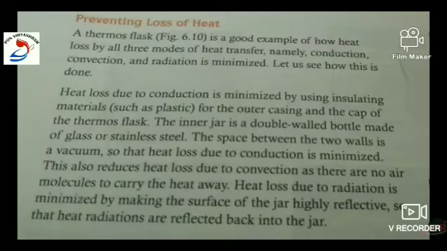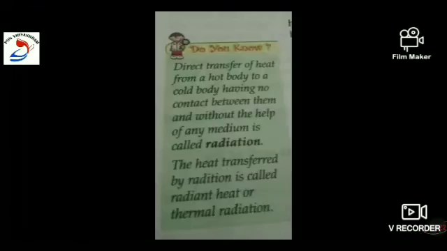The space between the two walls is a vacuum so that the heat loss due to conduction is minimized. This also reduces heat loss due to convection as there are no air molecules to carry the heat away. Heat loss due to radiation is minimized by making the surface of the jar highly reflective so that heat radiations are reflected back into the jar. It's very important, this Thermos Flask, because all the modes of heat transfer are possible here.